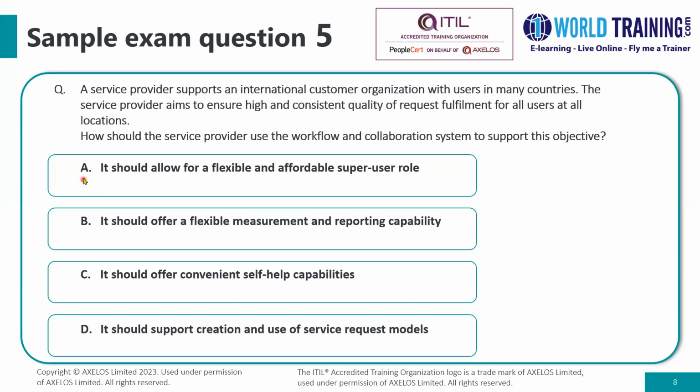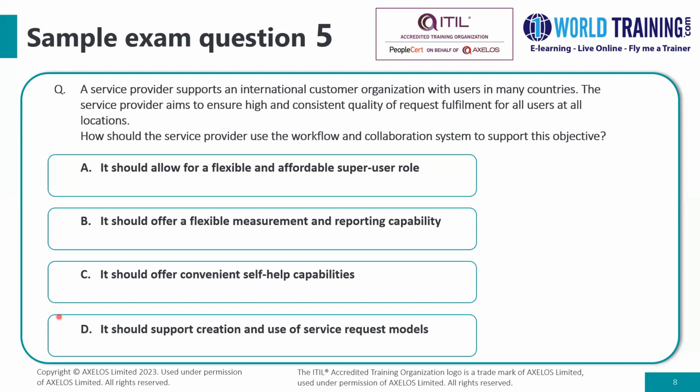Nevertheless, let's take a look at the first option, A. There is no indication of super users involved in the request fulfillment of the organization in this scenario, so we can ignore A. Option B, the measurement and reporting, can definitely be useful to improve the practice, but is not related to the current situation. Option C, yeah, the practice should offer convenient self-help capabilities, but the scenario doesn't indicate anything related to this.